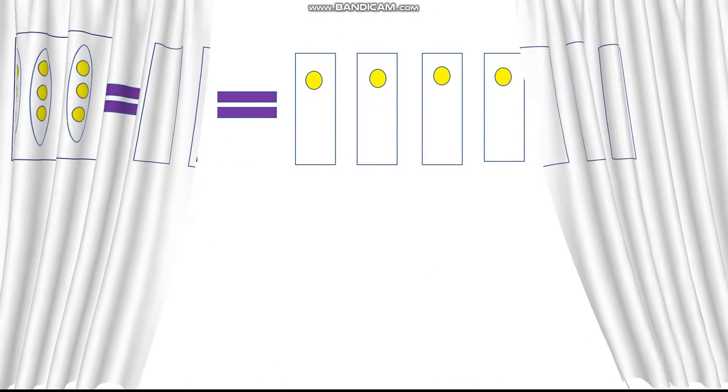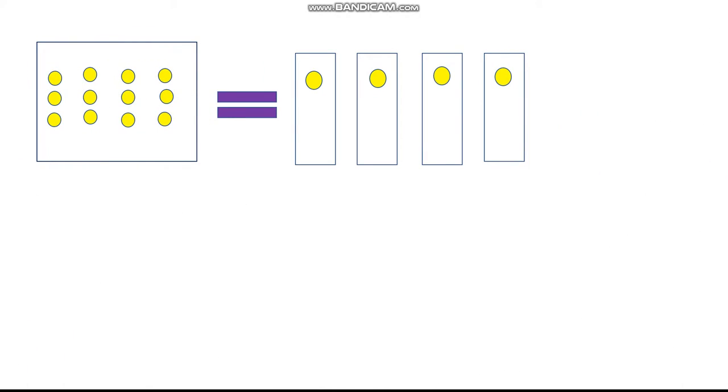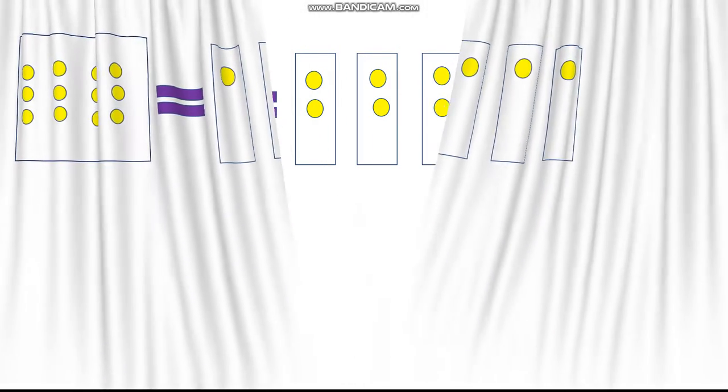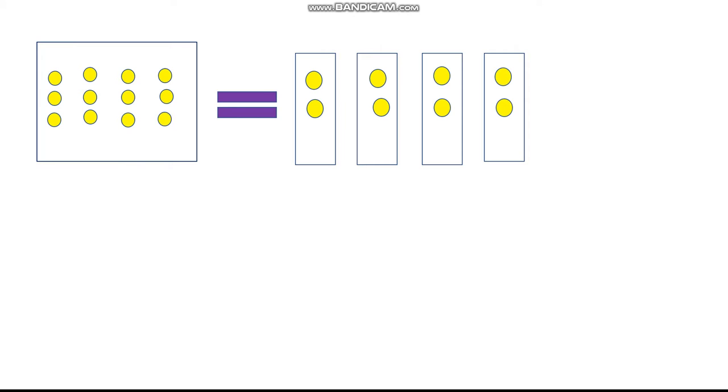Giving it, we got this. Now here we are left with 8 chocolates or candies. Adding one slot more, one candy each.